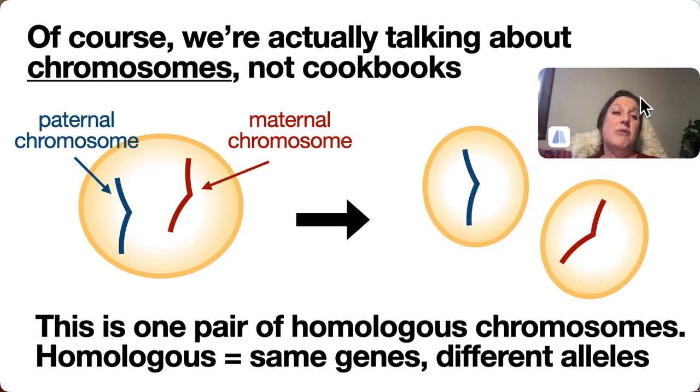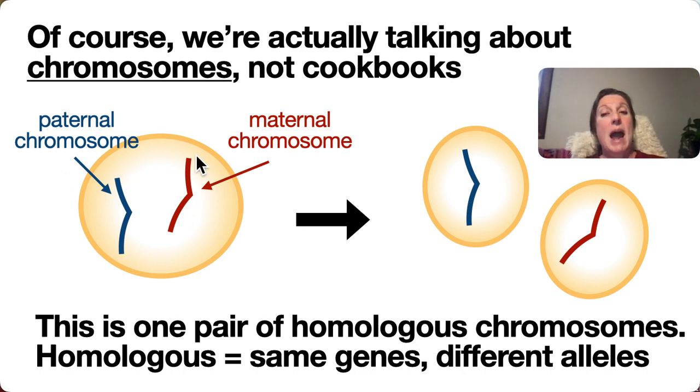Okay, now, of course, we're talking about chromosomes and not cookbooks in all of this. So let's look at this again. Here we have a cell that has one pair of homologous chromosomes. I'm not going to draw all 23 pairs because that would be impossible to follow. So we're just going to look at what happens to one and understand that it's happening to all of them.